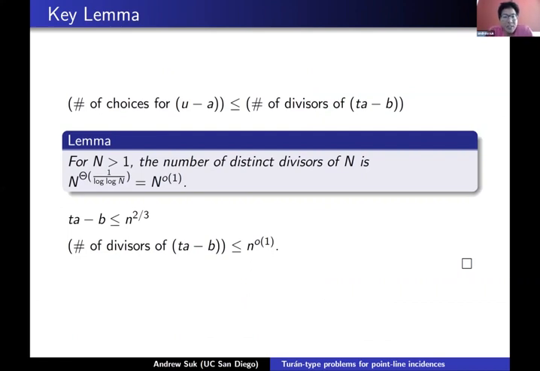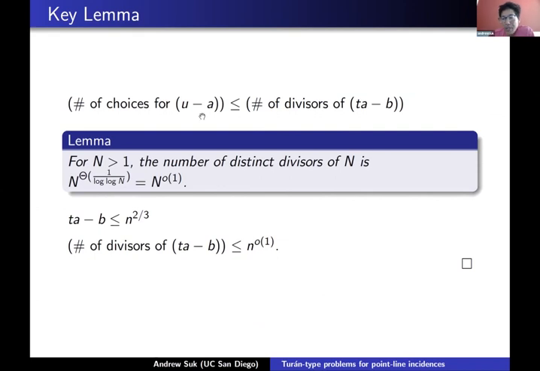And so now I can just use a simple fact from number theory that for any positive integer n, it has very few distinct divisors. So therefore, the number of choices for u minus a will be, since ta minus b is at most n to the 2/3, the number of divisors that it'll have is at most n to the little o(1).